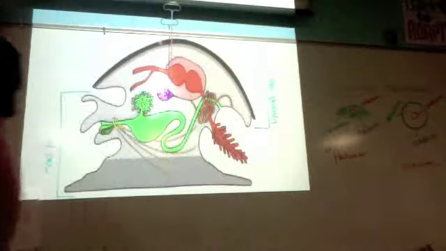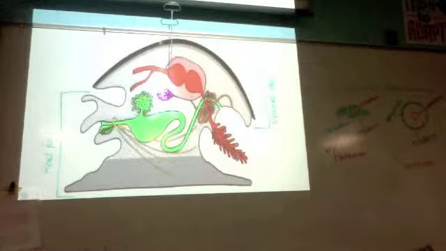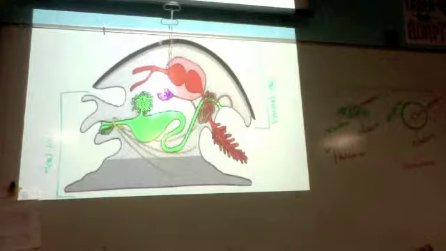So there's two major regions, the head foot region and the visceral mass. And the easiest way to remember what the visceral mass contains is it's basically everything that the head foot does not. Okay? Circulatory, digestive, excretory, reproductive organs. Those things that need to be a little more protected, generally.